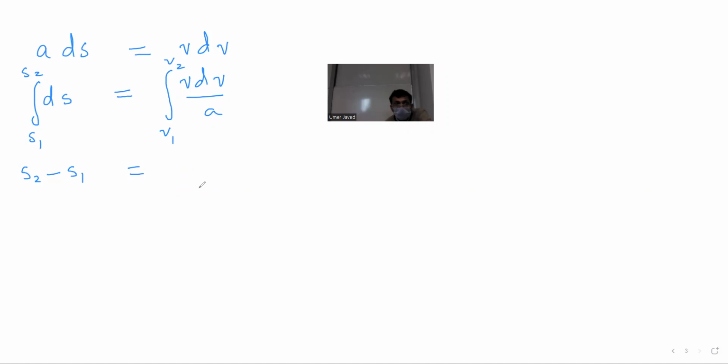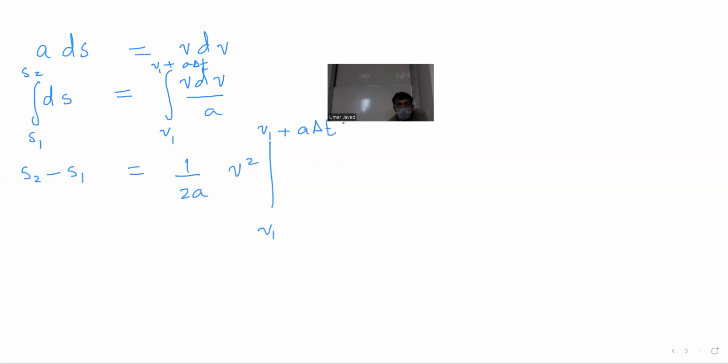This time, instead of V2, I will write that vf is equal to vi plus at. So V2 equals V1 plus a delta t. Instead of V2, I will write 1 over 2a V square from V1 to V1 plus a delta t.